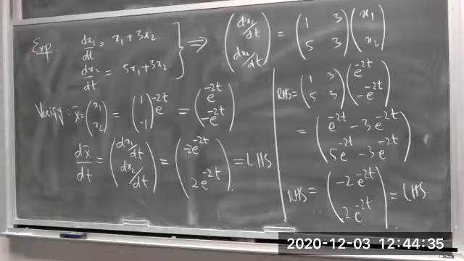if we have a single first order linear ODE, for example dy by dt is equal to 3 times y. This is a single first order ODE which is linear and homogeneous. Then what would be the solution of this?